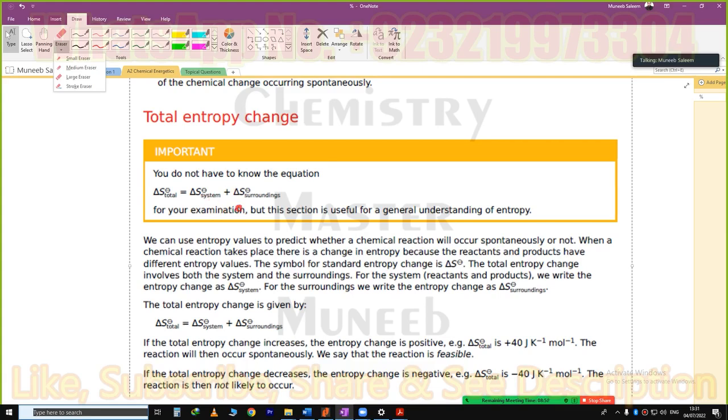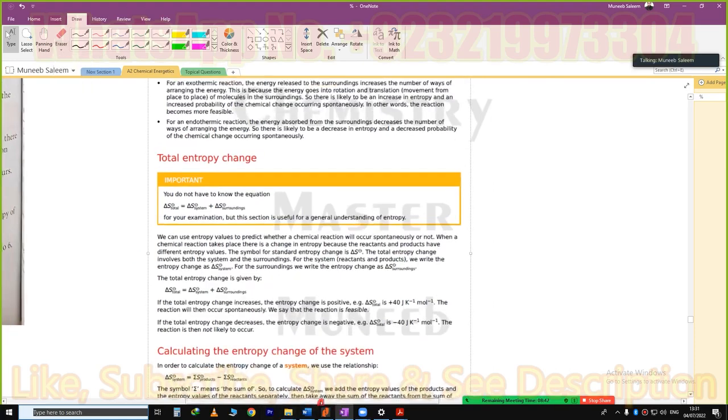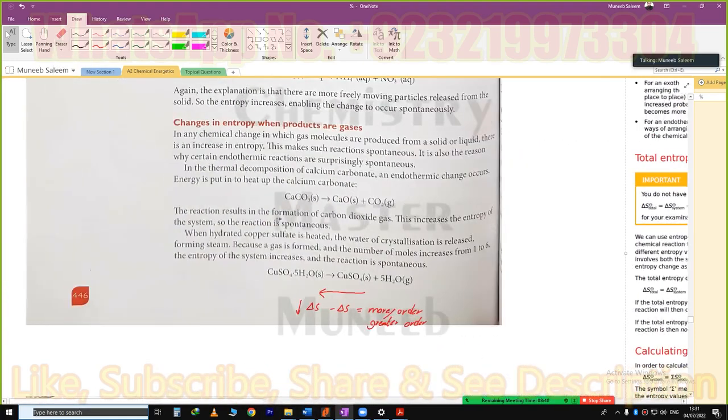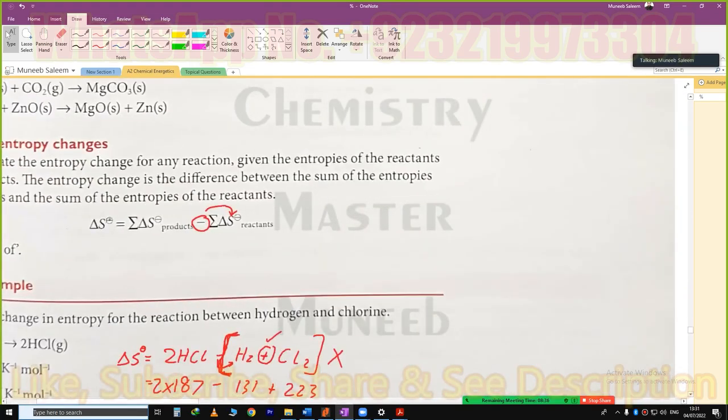Actually, the right equation to find the entropy change is in the other book, which you can see here. This delta S, which is equivalent to delta S products minus reactants, is the delta S of the system.